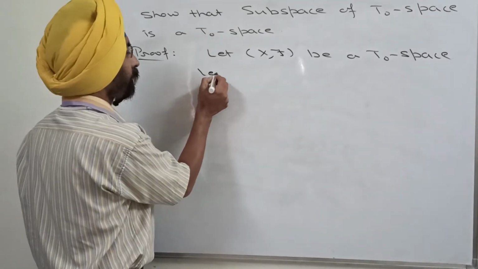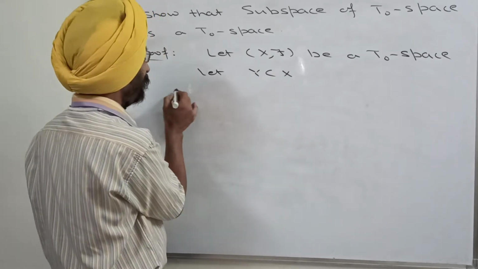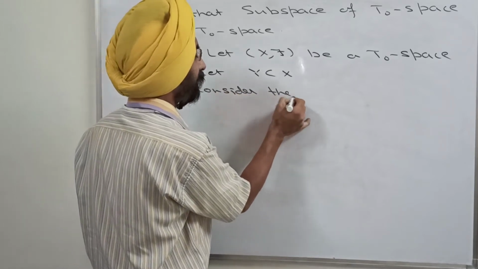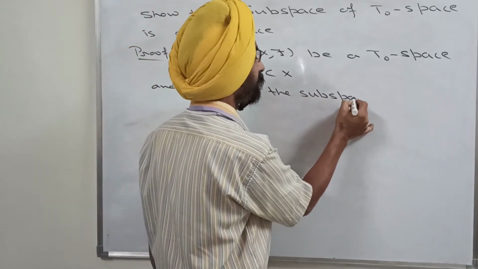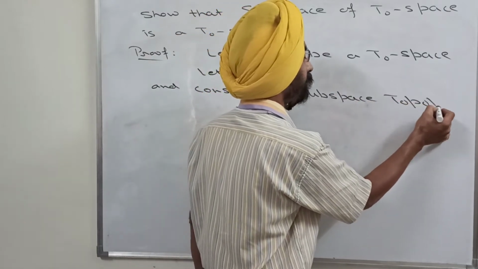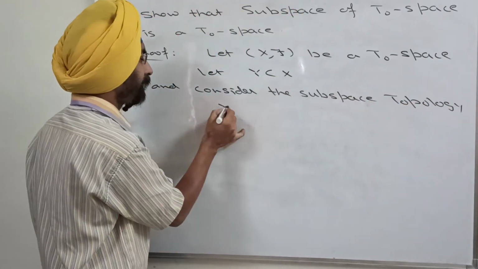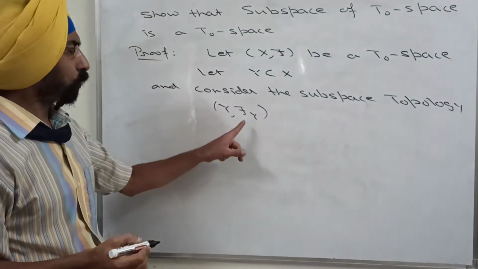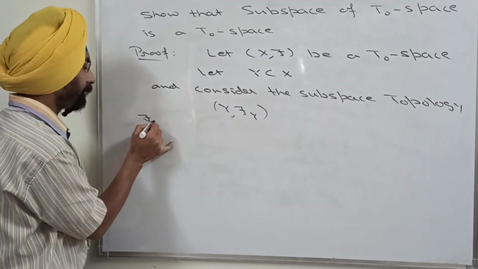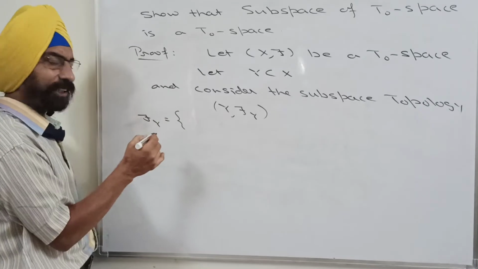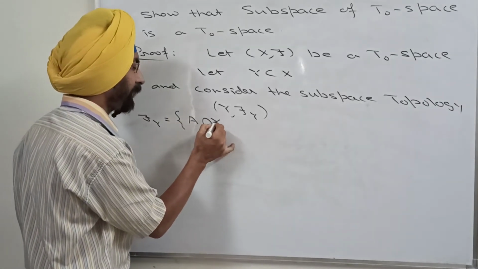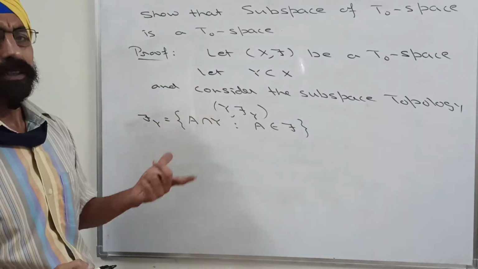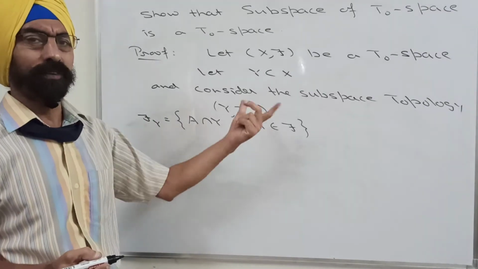So let Y be a subset of X and consider the subspace topology (Y, tau_Y). From your previous knowledge, you know what tau_Y is. Your tau_Y contains the sets of the type A intersection Y, where A is a member of tau. This is your subspace topology.